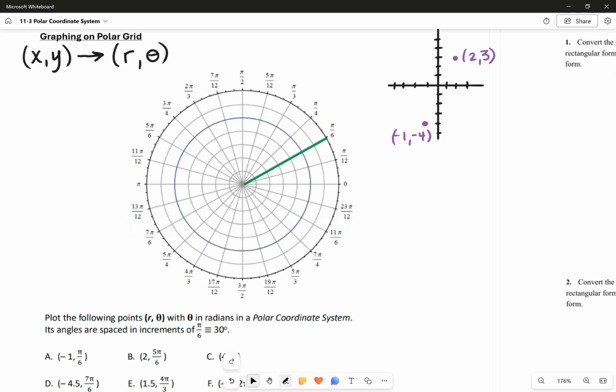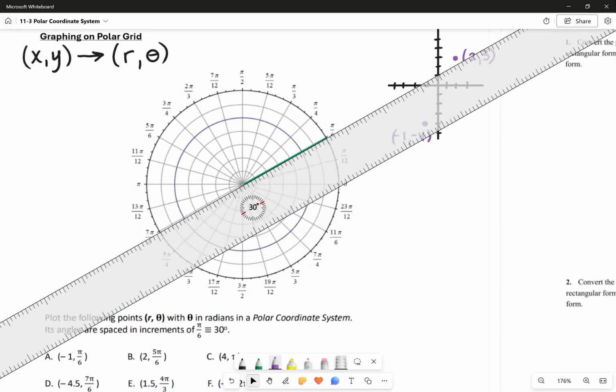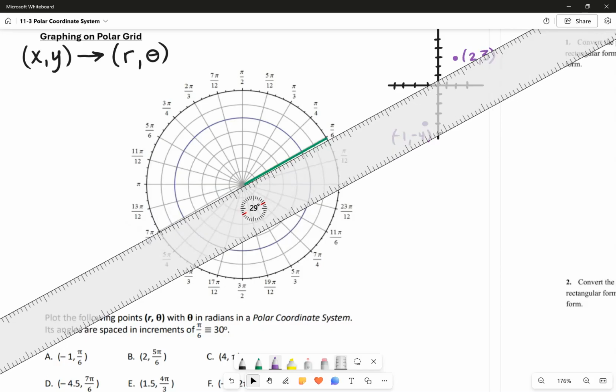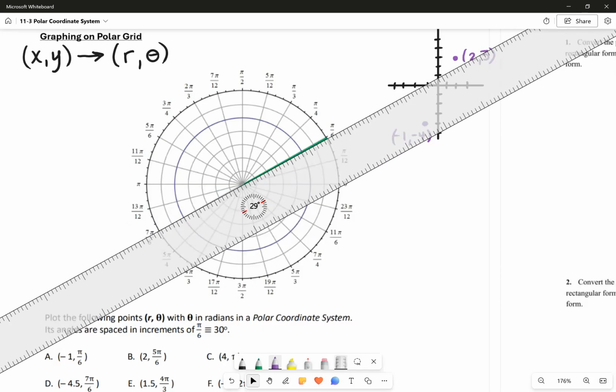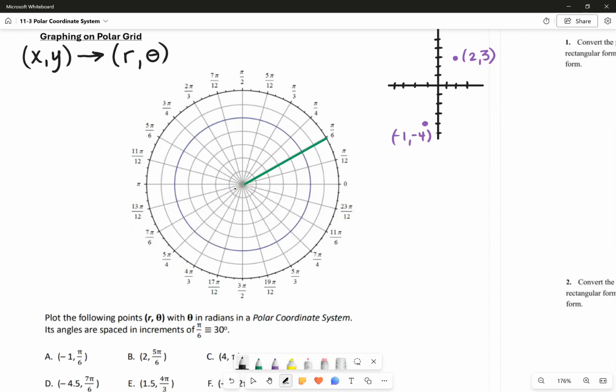So that means I need to walk away from that green terminal side, but I need to stay on that same line, that green line, but off of it, because it was negative. So I'm going to walk away from the green line and instead put my dot right over here. That would be my A. Okay, that's my A dot.